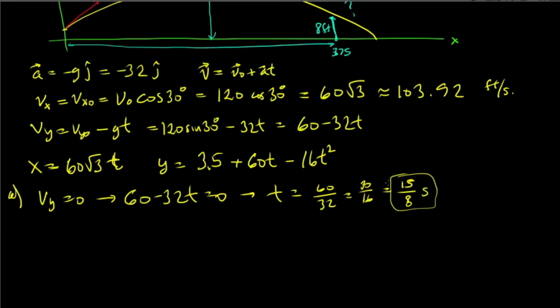What is the maximum height? Plug this in for t now, right? So maximum y will be 3.5 plus 60 times 15 over 8, minus 16 times 15 over 8 squared.